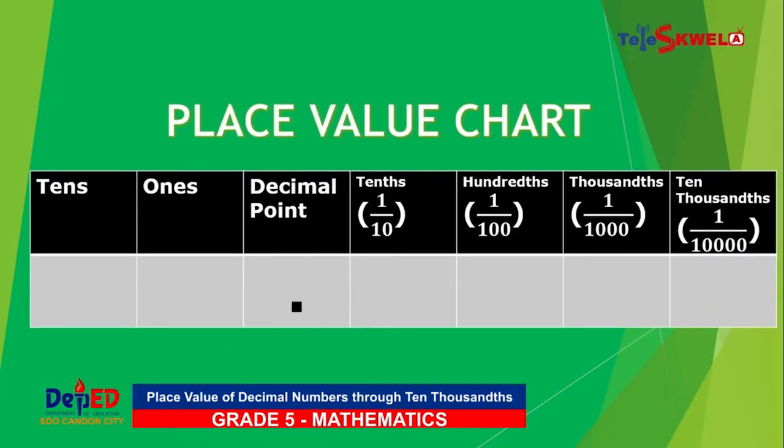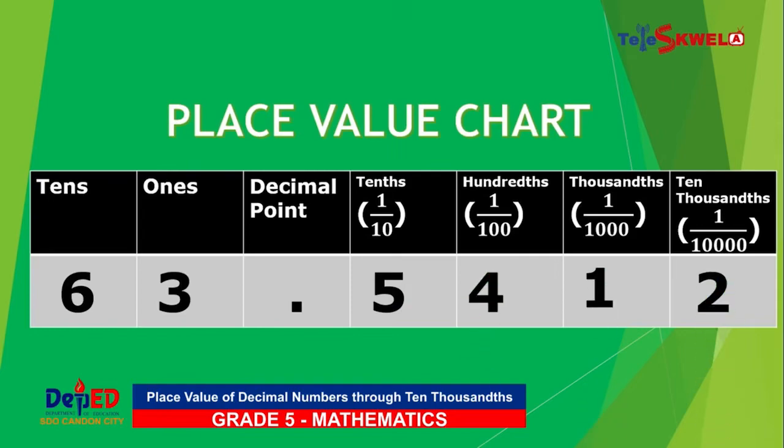As you can see on screen, the numbers 6, 3, 5, 4, 1, and 2 are placed under the proper column in the place value chart. We use the chart to identify the place value of a digit of a given decimal number through 10,000ths.